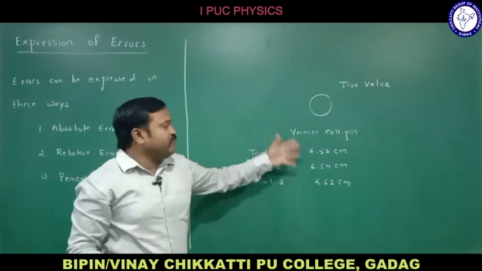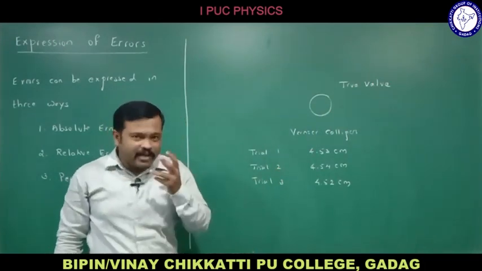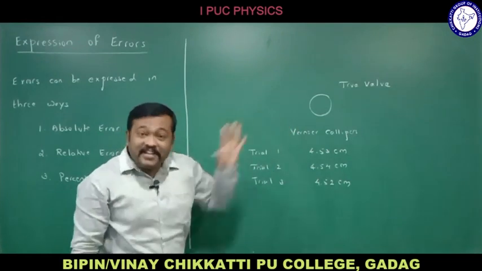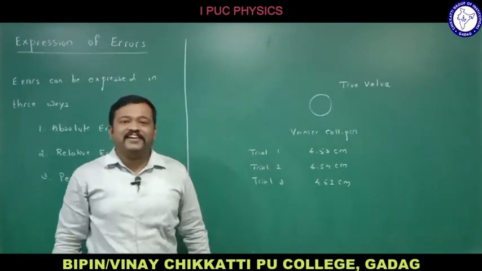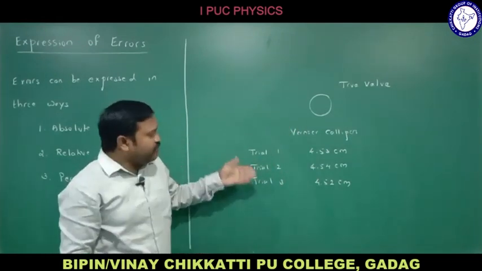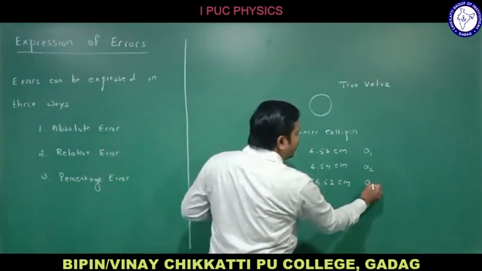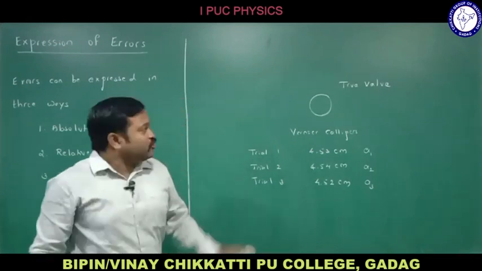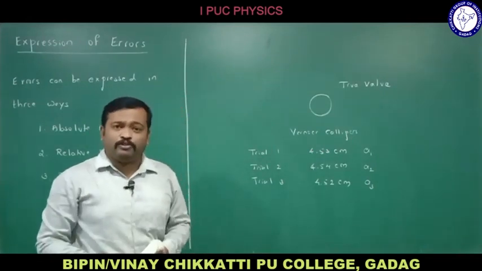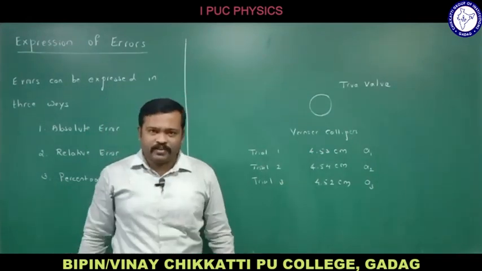Whenever we get readings like this, the true value can be calculated by taking the average of these readings. Whenever we have three readings, let me call them A1, A2, and A3. So what is the true value? We take the average of these.